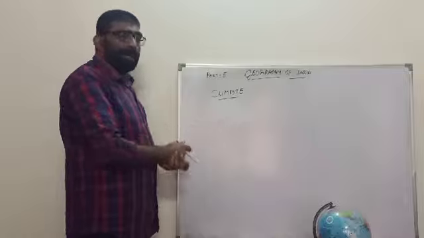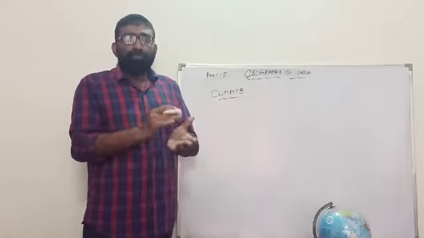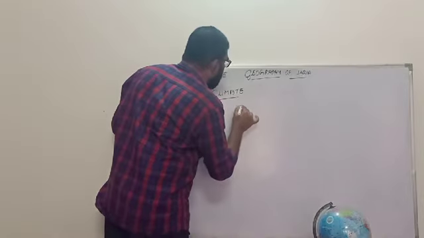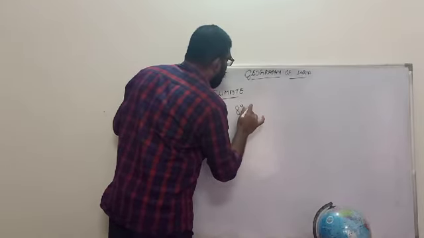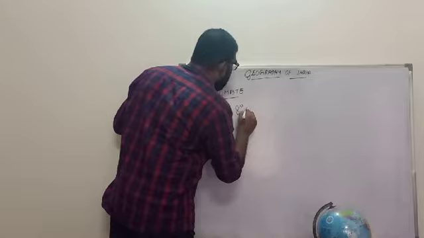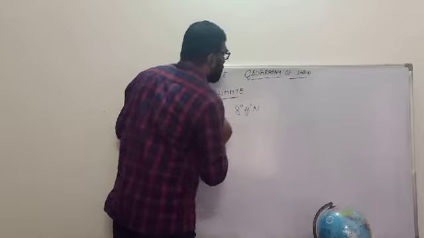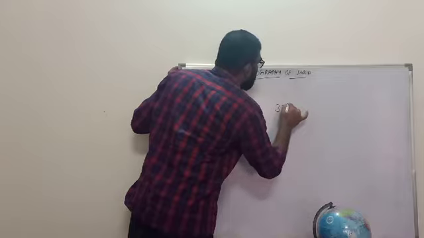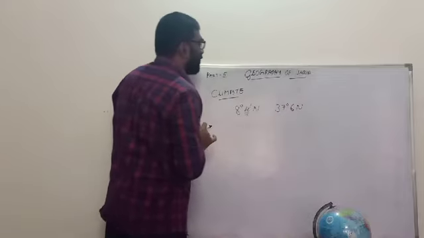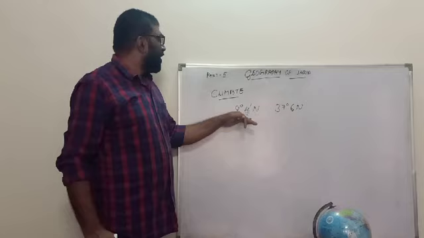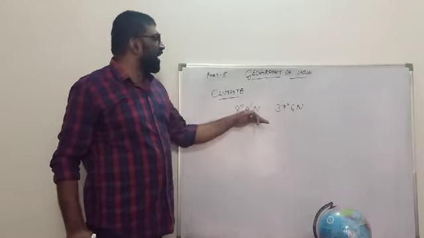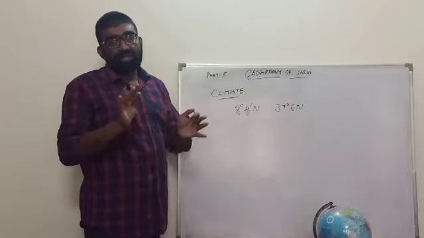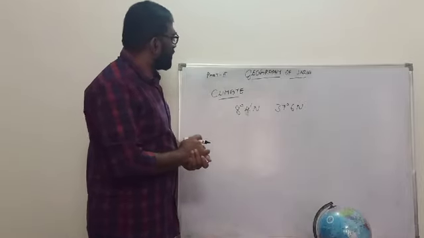So if you see the area of India, we know it is located between 8 degree 4 minutes north to 37 degree 6 minutes north in the northern hemisphere. Between 8 degree 4 minutes latitude and 37 degree 6 minutes latitude, this subcontinent is located.